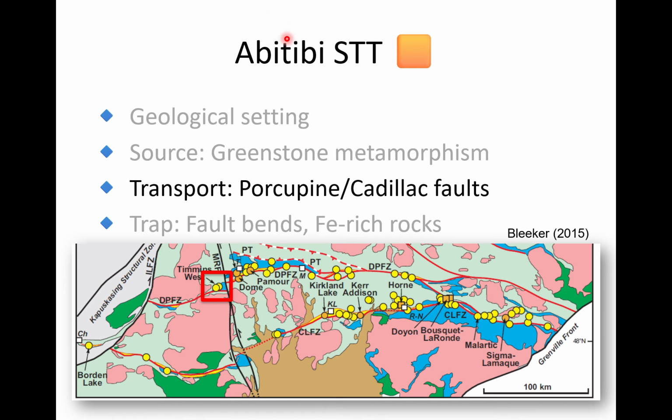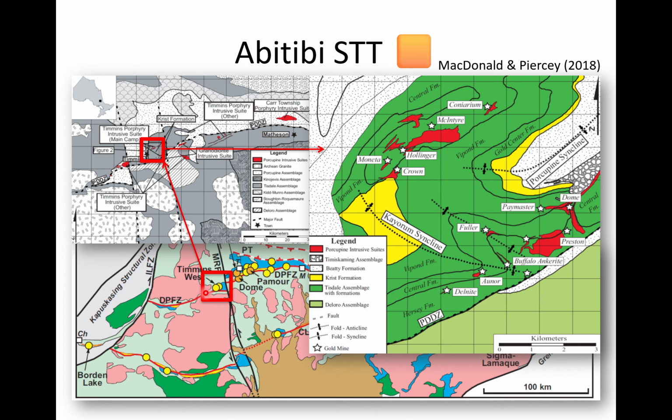In the Timmins Porcupine Gold Camp in the Western Abitibi, mineralization is strongly aligned along the Porcupine Fault Zone, and numerous porphyry intrusions occur along this fault that was debated in explaining the source. Here we can discuss how these porphyry intrusions influenced the transport. McDonald and Pierce in 2018 suggested that these intrusions provided mechanical heterogeneity that local shear strains partitioned around.